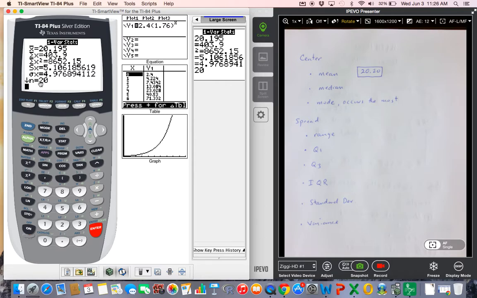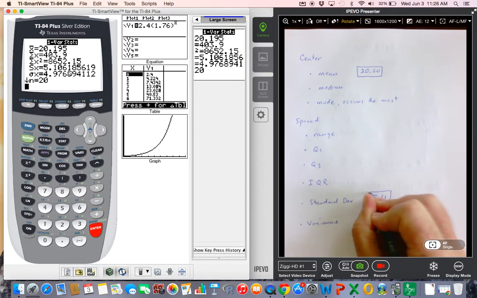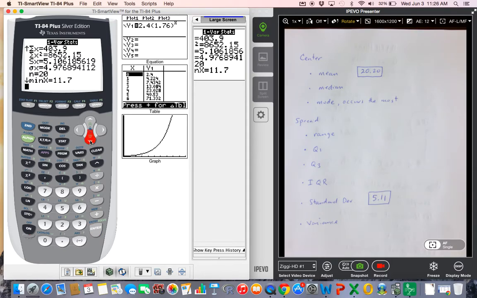Okay, so that's fine. So the Sx, the 5.11, that's going to be our standard deviation. And obviously, we don't have to enter these things in order. The next thing that I'm going to get from my output, let's go down to the bottom. Let's always talk about our sample size.